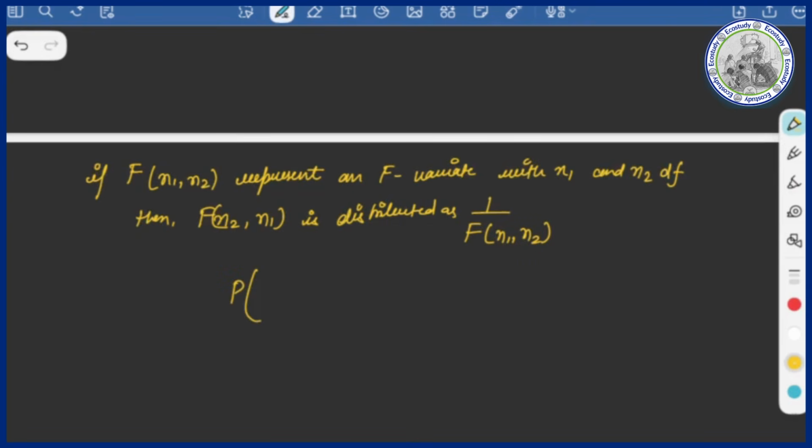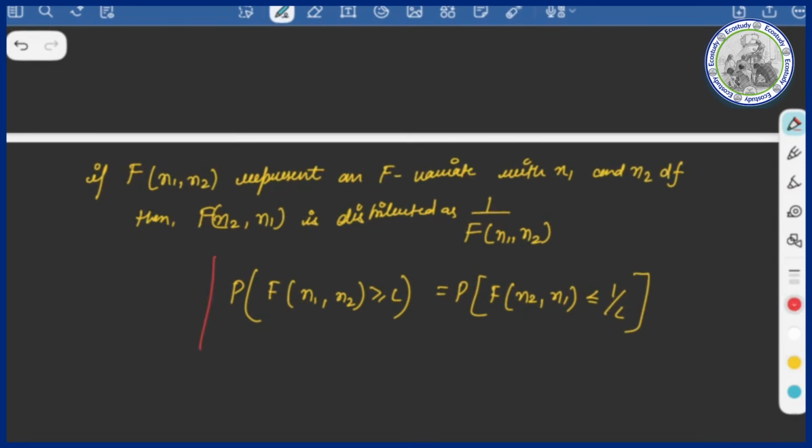What does it mean? It means the probability of F n1 n2 greater than c is equal to the probability of F n2 n1 less than 1 upon c. Okay, I'm not going to the proof of this, but I just wrote the formula here.